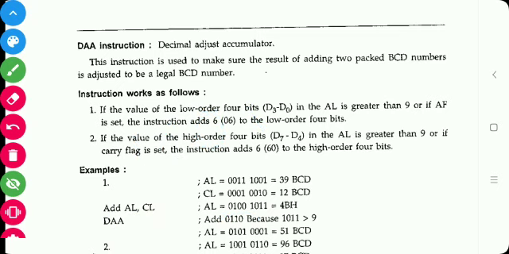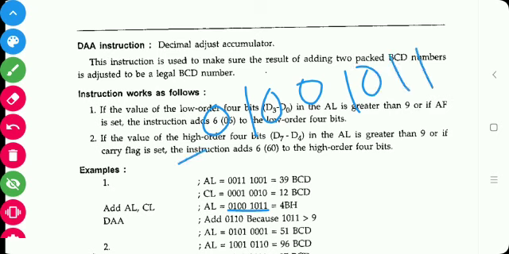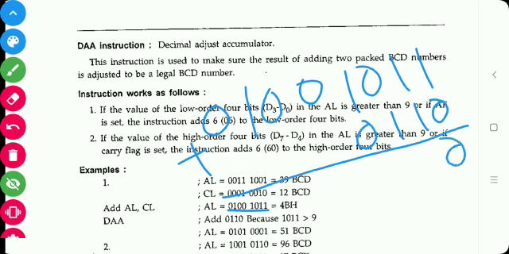Now we will add 0100 1011, this is the addition, 1011 plus 6. 6 is 0110. So 1 plus 0 is 1, 1 plus 1 is 0 carry 1, 1 plus 1 is 0 carry 1, 0 plus 1 plus carry is 0 carry 1, giving 0000 with carry, so the lower digit is 1.